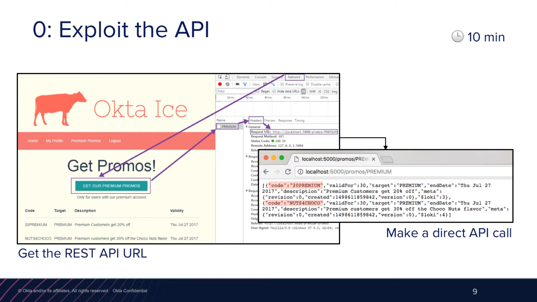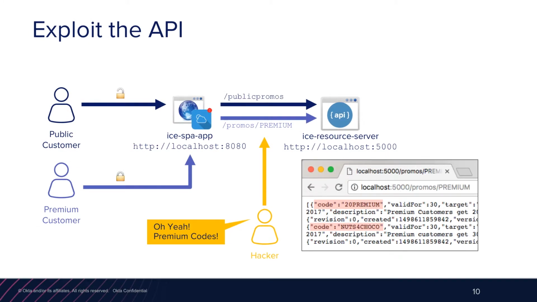So it's fairly easy to gain access to the network activity of your application and see what REST API calls it is making throughout the internet.